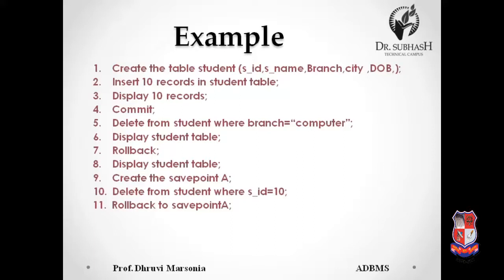These are the operations which we have to perform from the SQL prompt in our next video. So in our next video we will perform the TCL commands commit, save point and rollback. So consider this example for the practical performance of TCL commands.